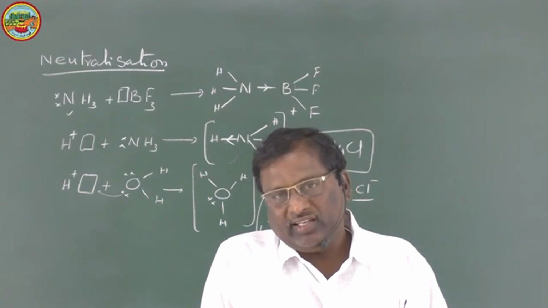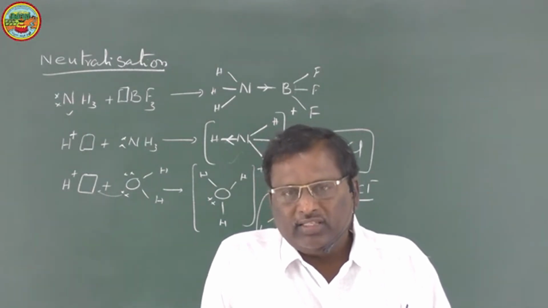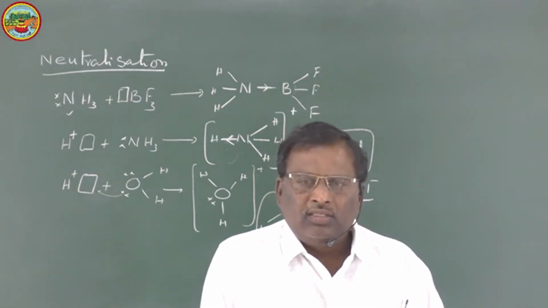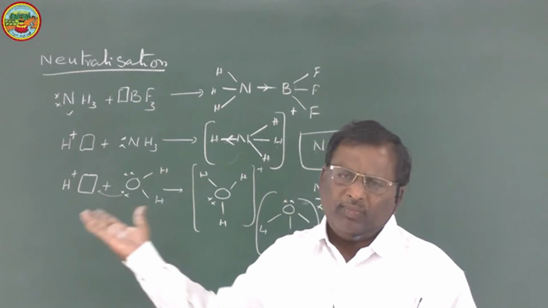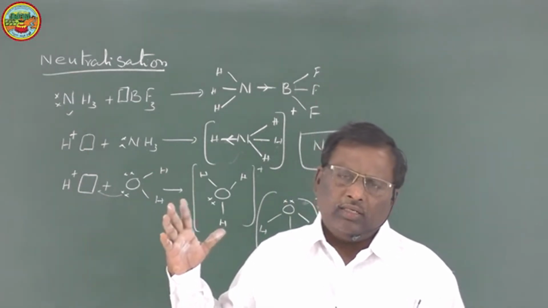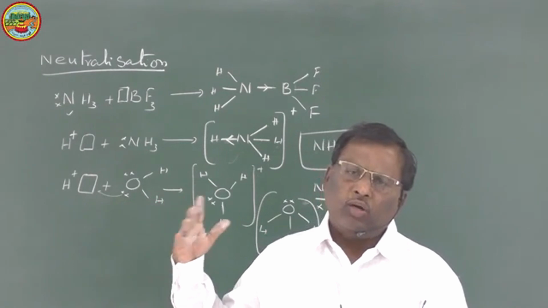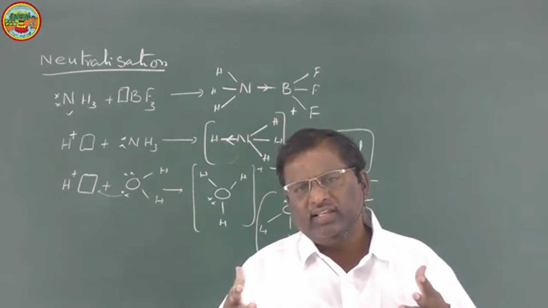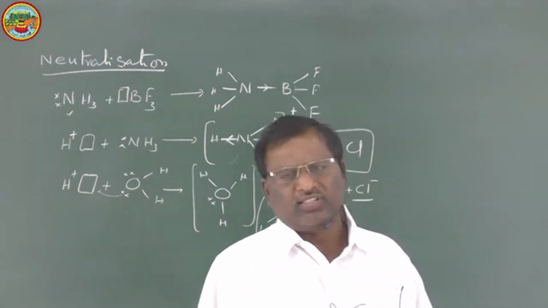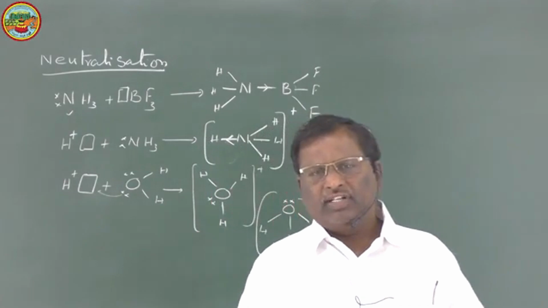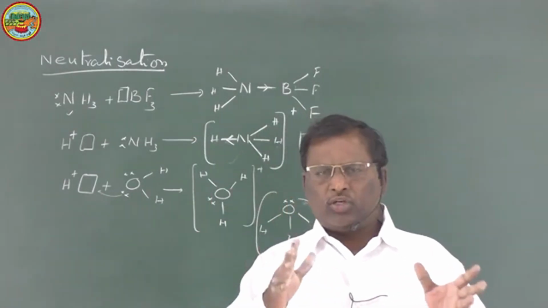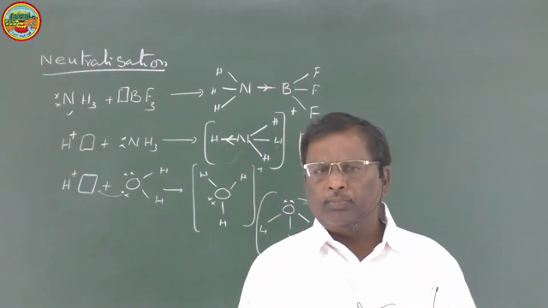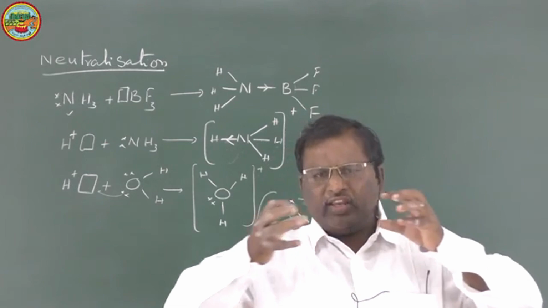But in the Lewis theory, the strength of acids and bases is not explained, because acid-base reactions are explained in terms of electron pair donation and acceptance. The donation and acceptance of an electron pair from one species by another to form a covalent bond is a very slow process.